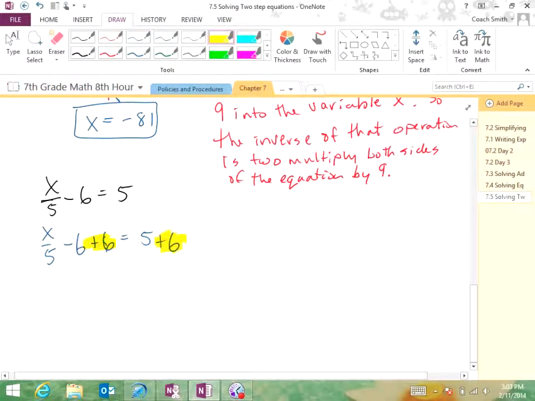The highlighted part in yellow is the part that we just put on the equation to solve it. Now, the subtracting 6 and adding 6 cancel each other out, and that leaves us with x over 5 equals 11.